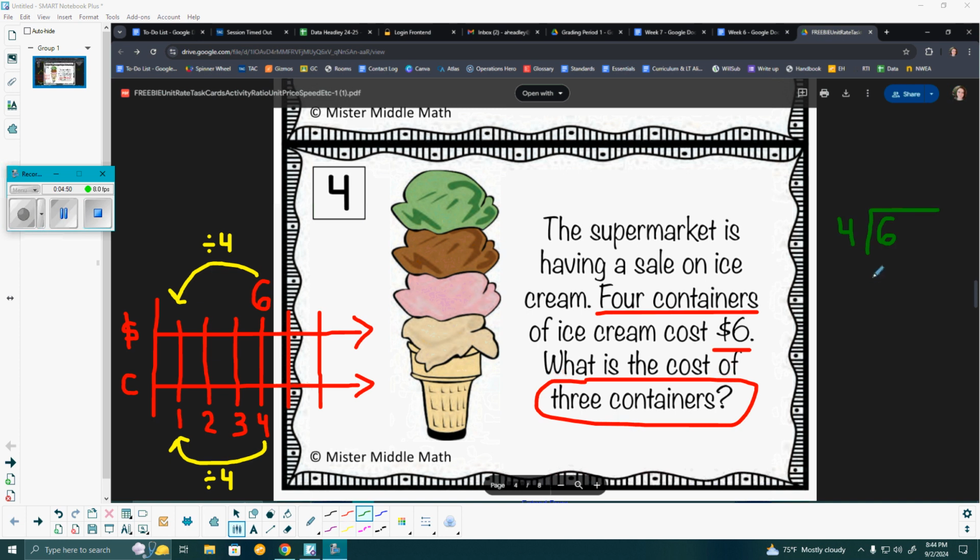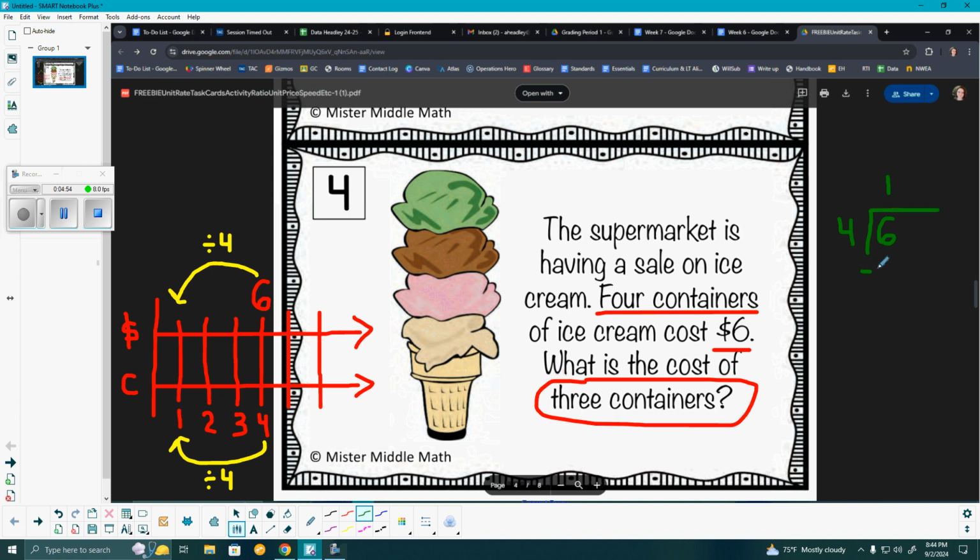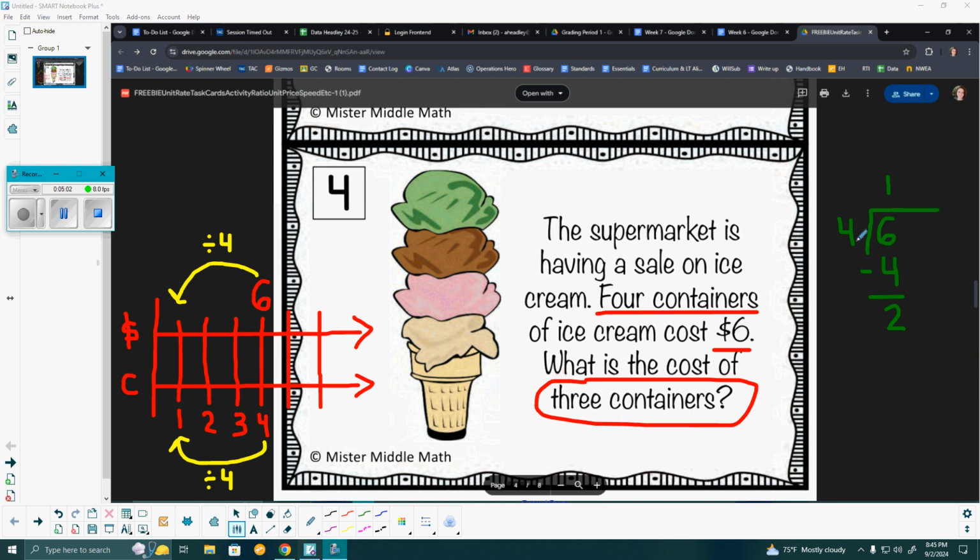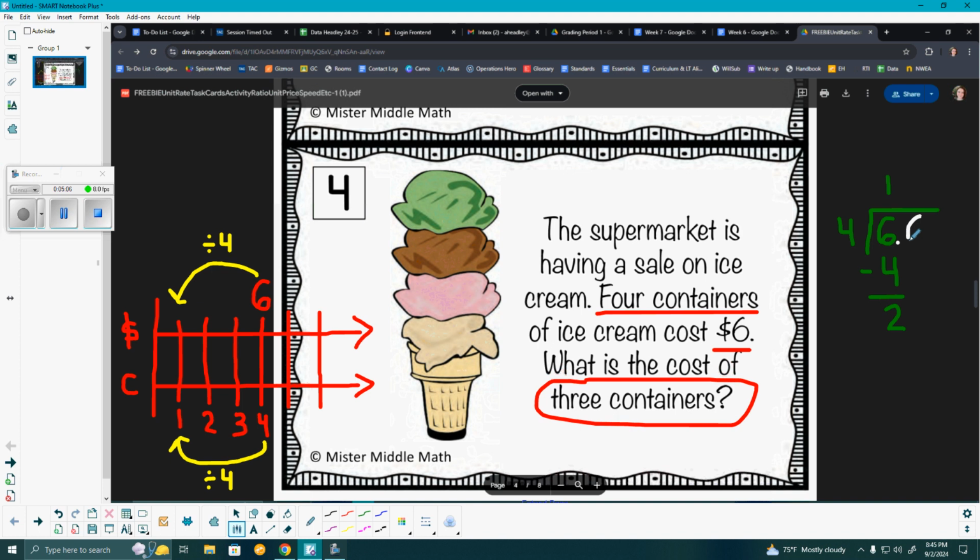I have 6 divided by 4. 4 can only go into 6 one time, equaling 4. 6 minus 4 is going to be 2. Now, because I'm out of numbers and I have this 2 here, I need to add a decimal, 0, add my decimal up here.